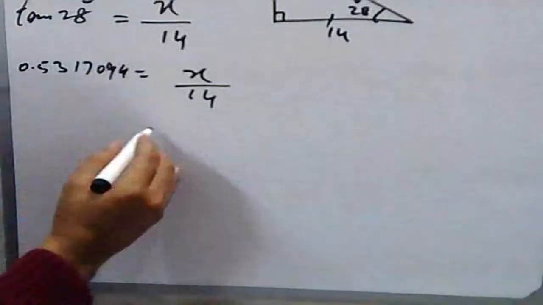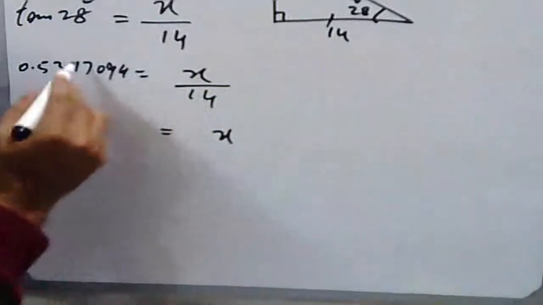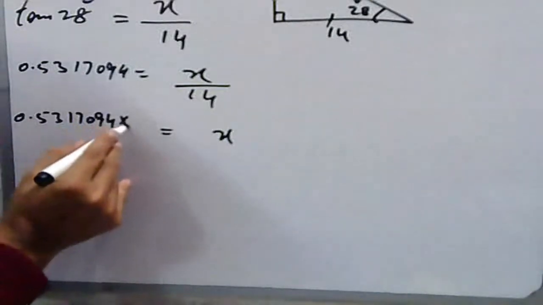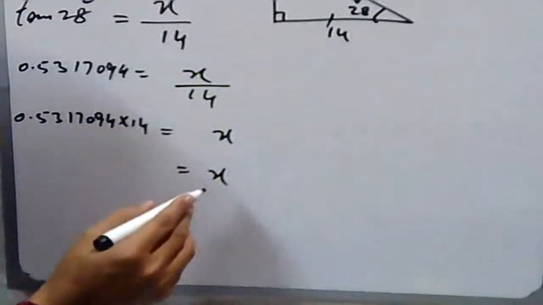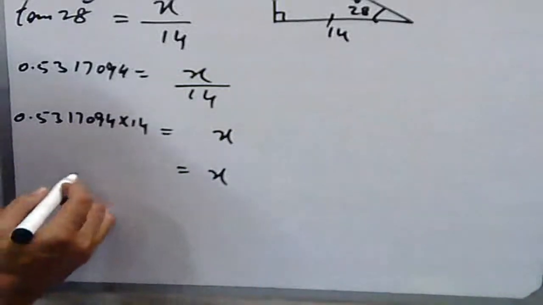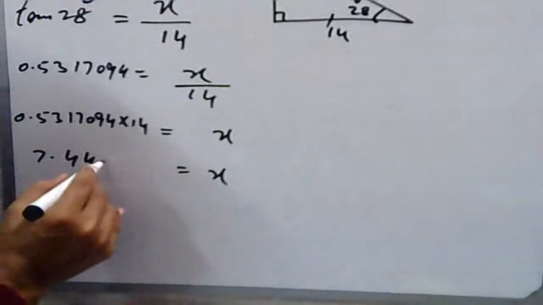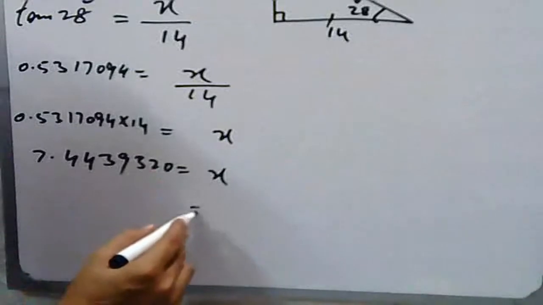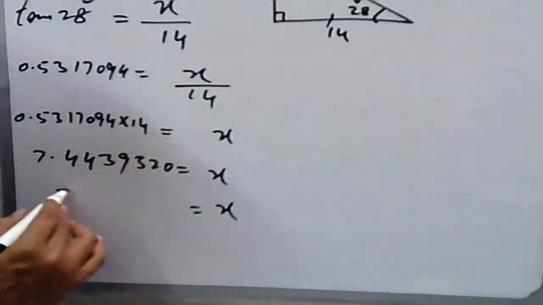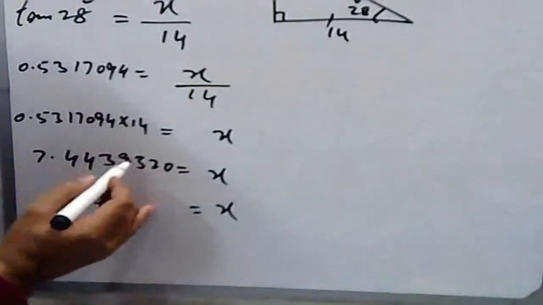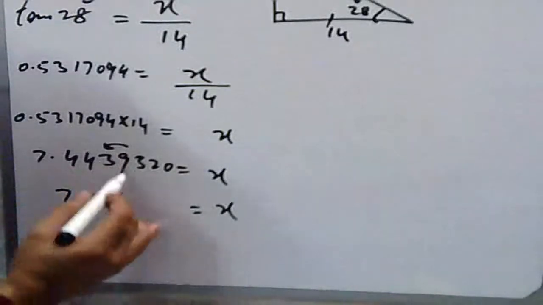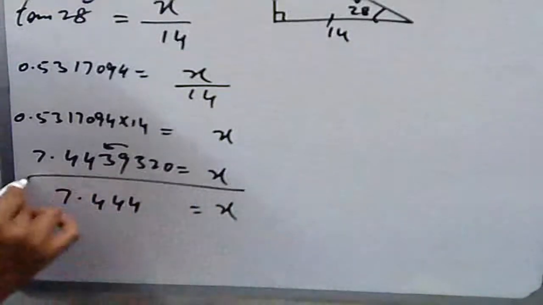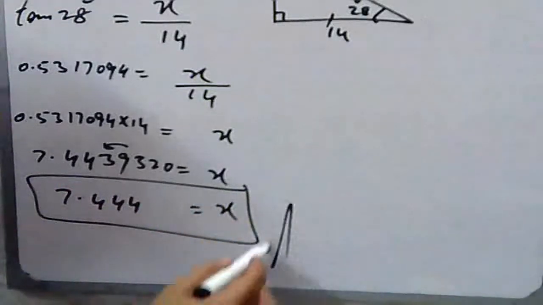So you need the value of x, so by using cross multiplication, 0.531709 multiplied by 14, the value of x is 7.443932, but you need 4 SF, so 7.44. You can add 1 in this term, because it is greater than 50%, so it becomes 4. So the value of x is, you can see, that is your result.